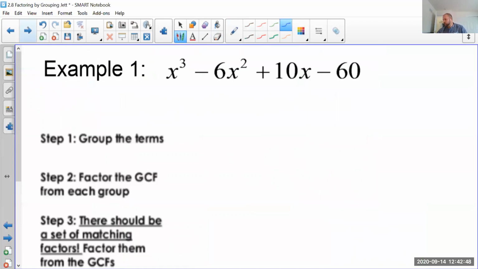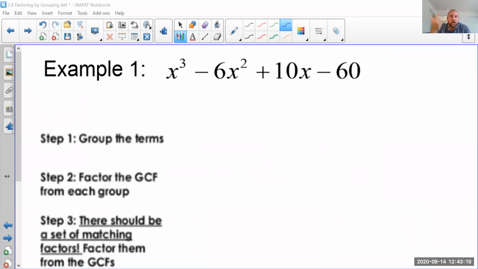Let's look at an example here. All right, so first thing we look for: GCF. Is there a GCF in the whole thing, all 4 terms? No. First of all, they don't all have a number.